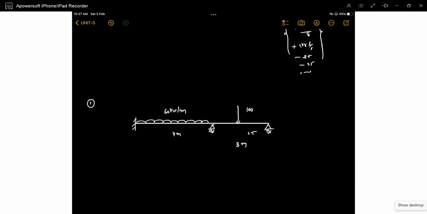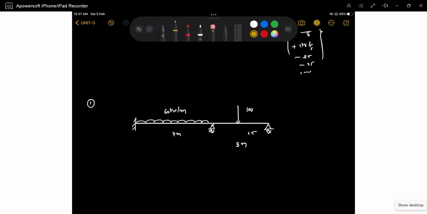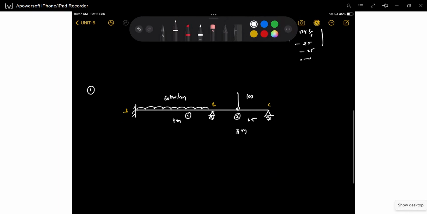Take it like this: A, B, C. You can take it as a first element, a second element. This is the stiffness matrix problem you have to do. By looking, you can directly say how many degrees of freedom there are. Degrees of freedom are only theta B and theta C. Theta A is 0, and the horizontal you can remove.